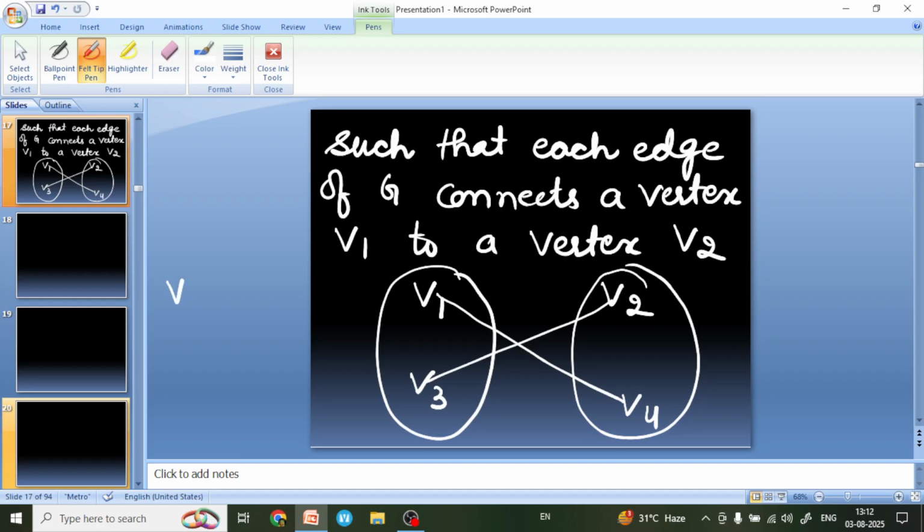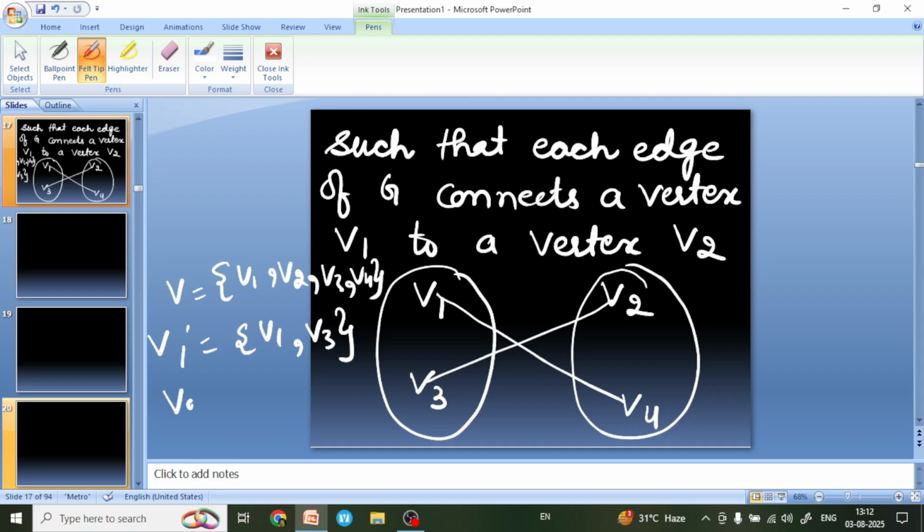Because we have given V equal to V1, V2, V3, V4, and V1 dash is equal to V1, V3. This is one graph, and V2 dash is V2, V4.